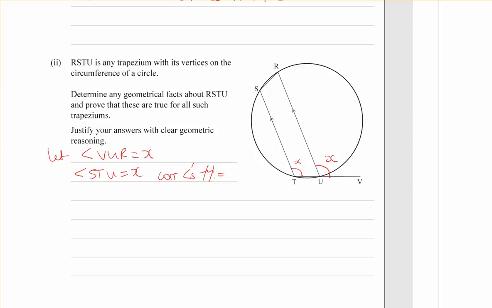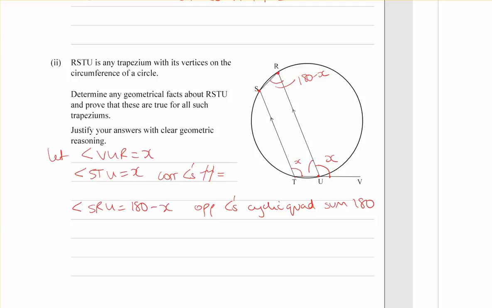Right, what else do we know? We know that this is a cyclic quadrilateral, which tells me that that angle there must be 180 minus x. And that's opposite angles in a cyclic quad sum to 180.